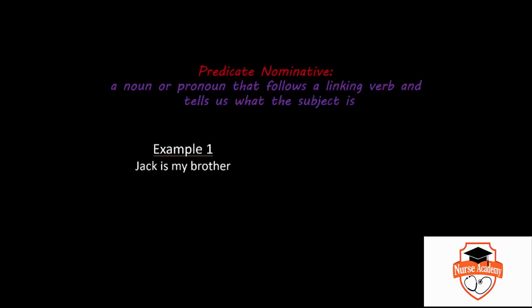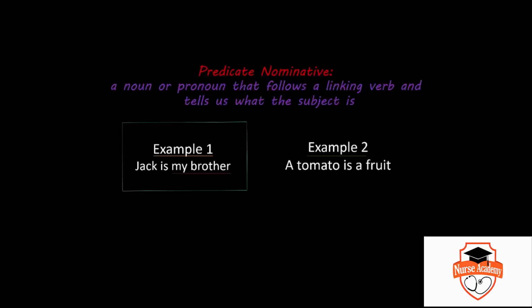In this instance, we're describing what Jack is. Jack is my brother, so my brother is the predicate nominative in this example. Let's go over another example. So for example 2, we could state that a tomato is a fruit. In this instance, the fruit is the predicate nominative because it's explaining what the tomato is.